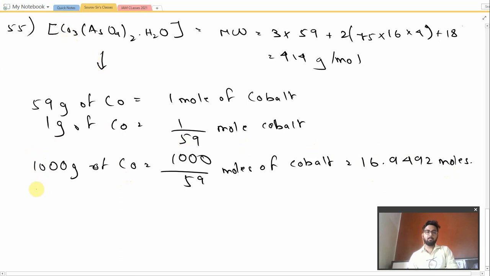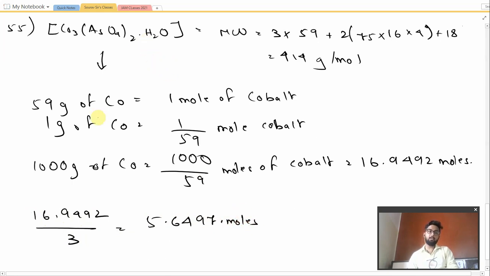So the answer here would be 16.9492 divided by 3, which is equal to 5.6497. So this number of moles of this ore would be required to produce 1000 grams of cobalt.